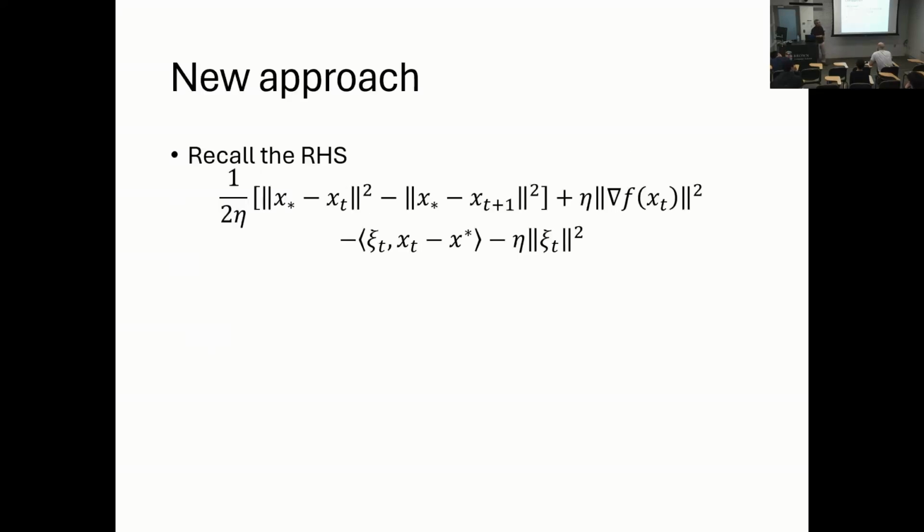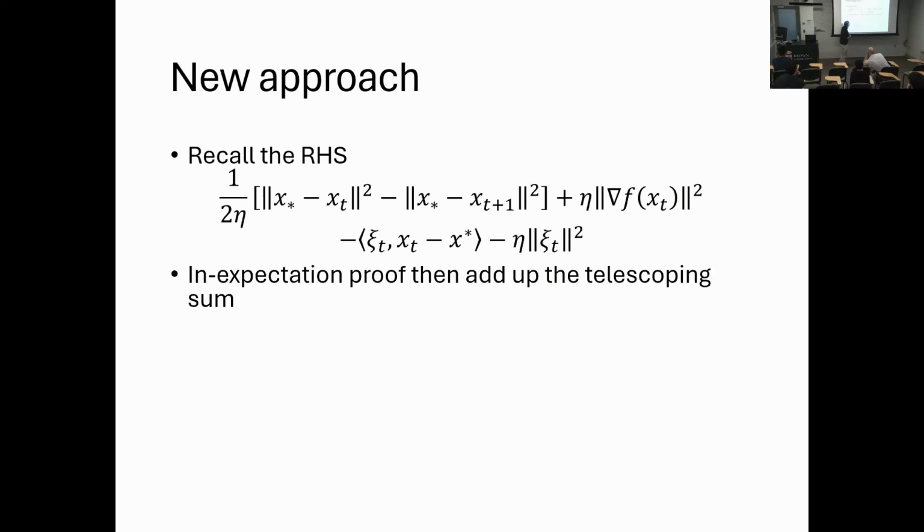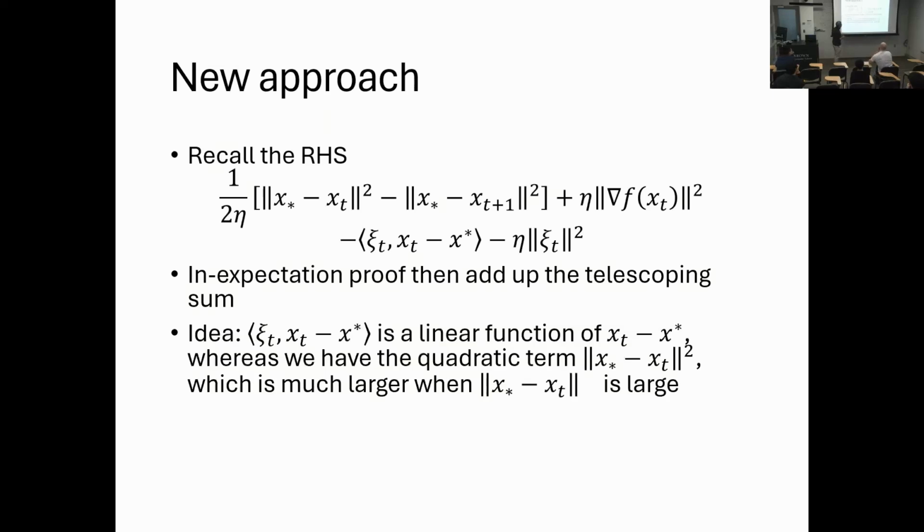So the change that we did is the following. We look at this term that we need to worry about, and we see that even though it has this dependence on xt minus x star, the dependence is only linear, whereas the entire expression actually contains terms that are quadratic in x star minus xt.